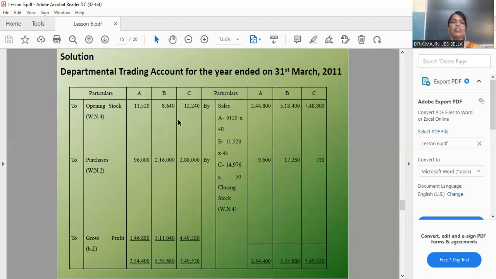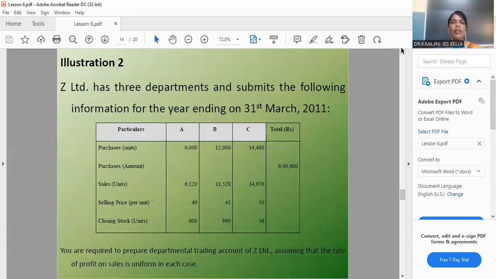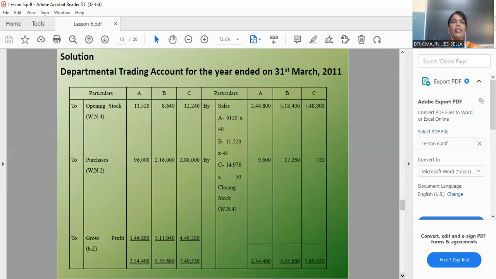After finding the opening stock, we will convert that into amount. The selling price per unit is given. So just convert into value.